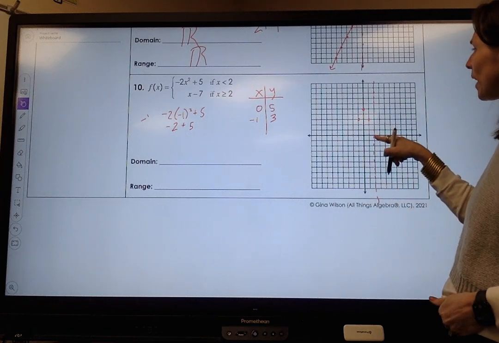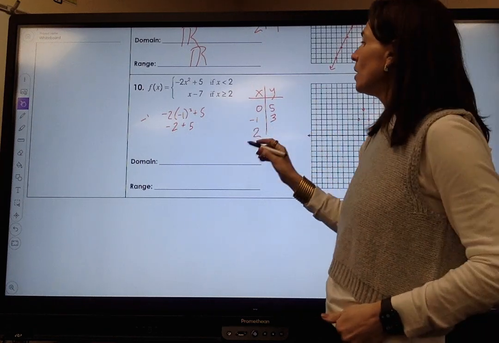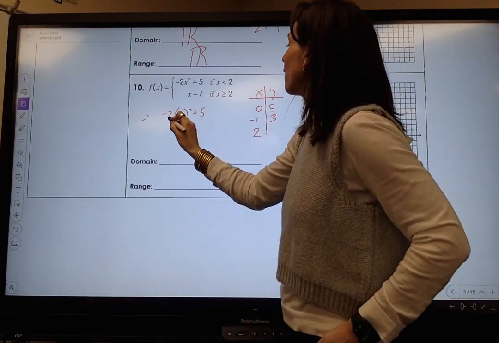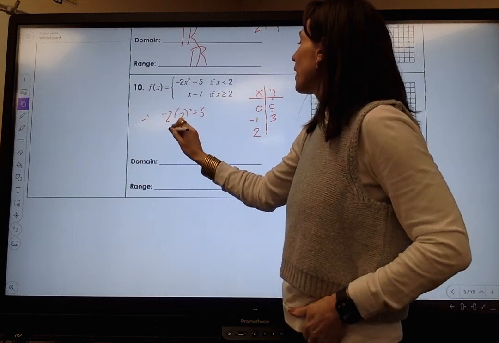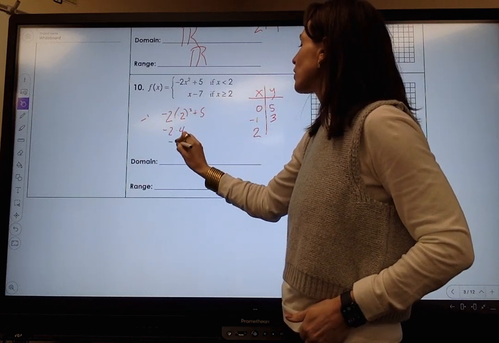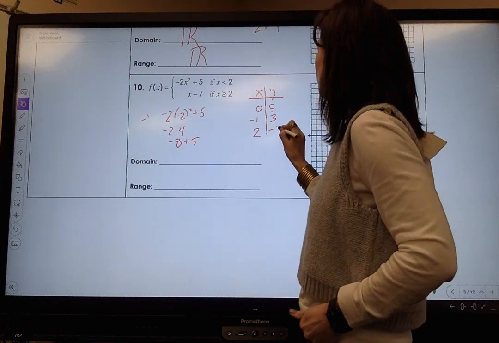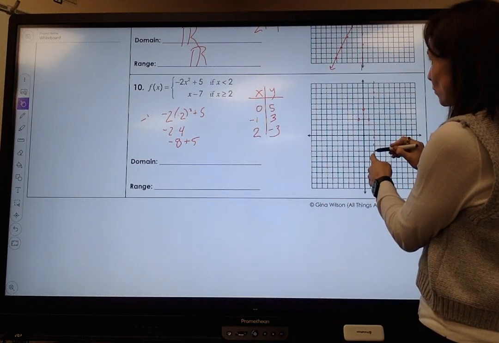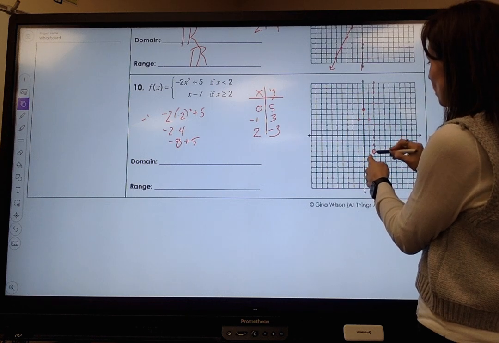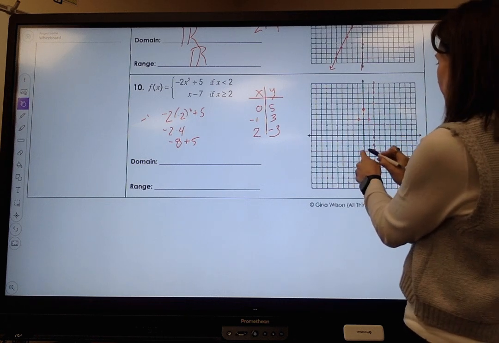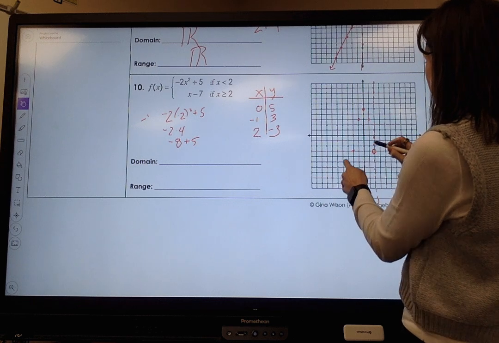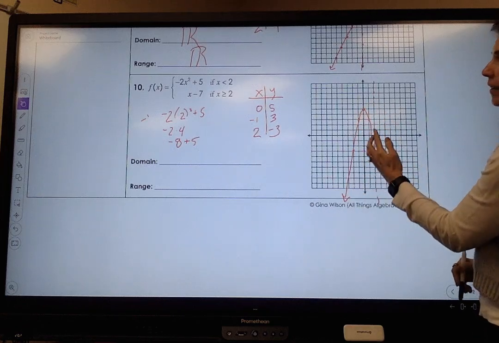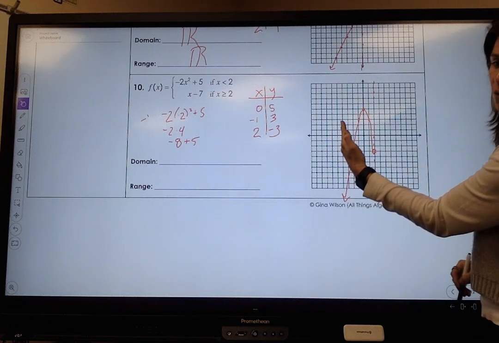I do want to find out what happens when it hits my graph at 2. So I'm going to plug in 2 for x. And I get negative 2 times 4, which is negative 8, plus 5, and that gives me negative 3. So when x is 2, my y value is negative 3, and it's an open circle. And now I'm going to use my properties to do this. And so now my parabola is going to look like this when x is less than 2.